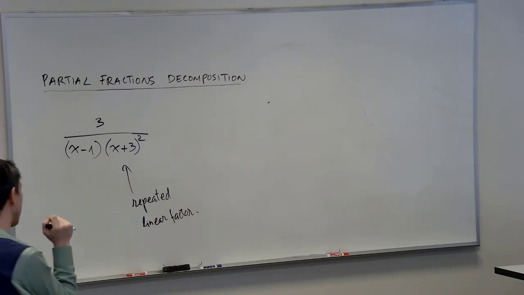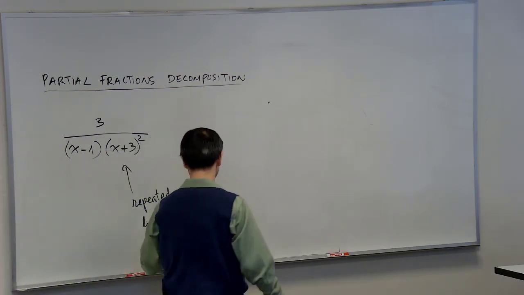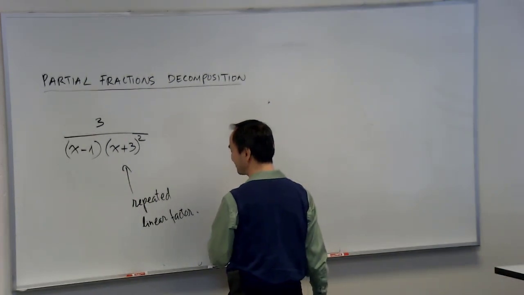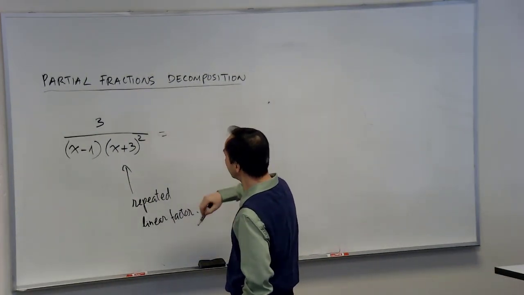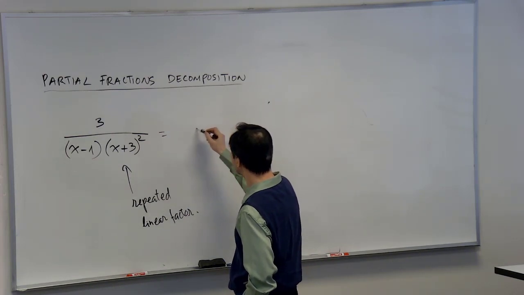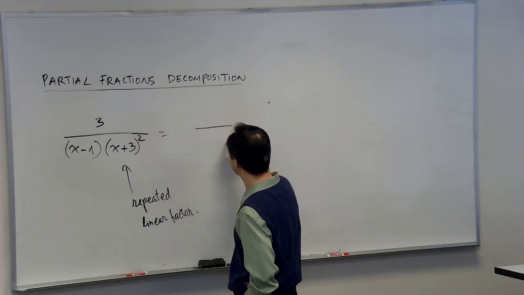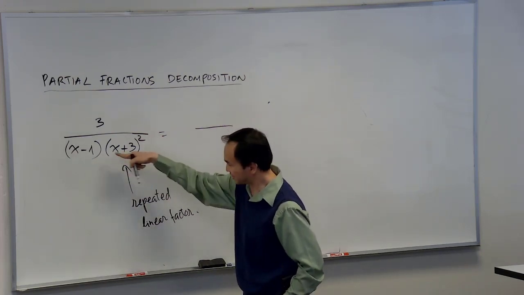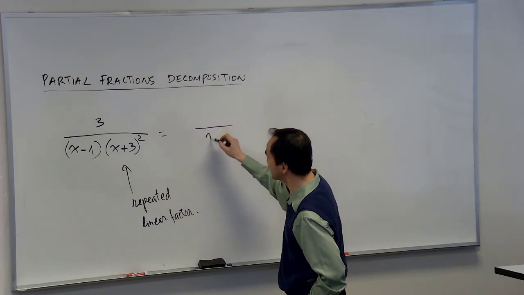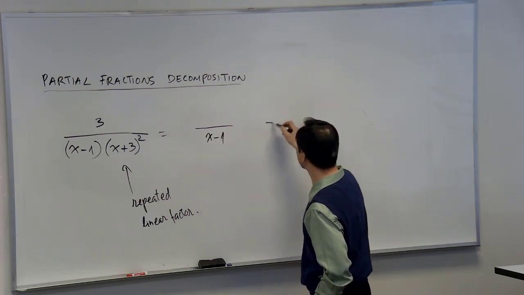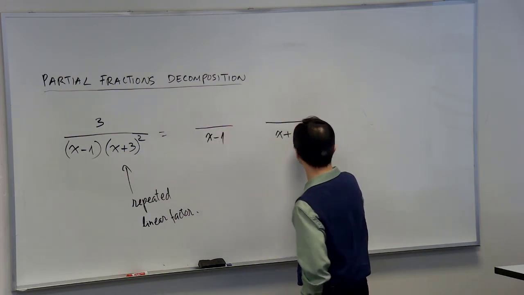So here's how we're handling it. For each of the distinct ones, let's take care of all of the distinct ones first. Distinctively, we got x minus 1 and we got x plus 3. You follow it?